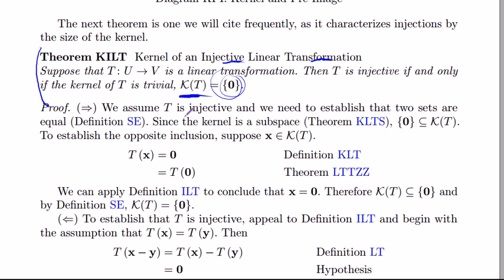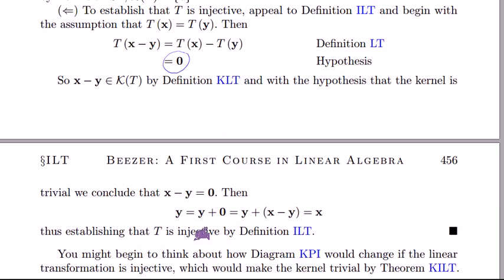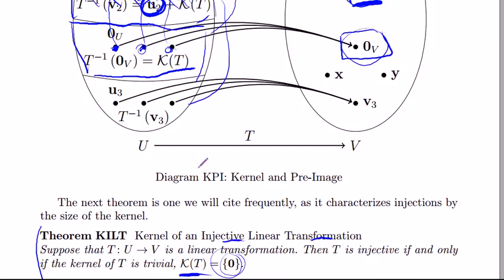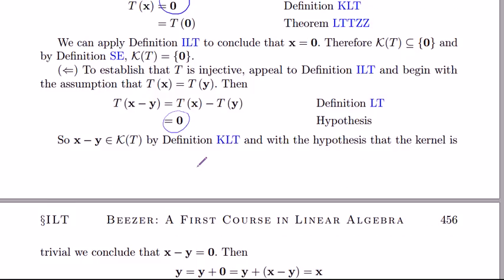You need to show if T is injective, then the kernel is simply 0, and if the kernel is simply 0, then T is injective. But from this picture, you can see that if the mapping is injective, you're only going to have one vector over here mapping to each one, so you're only going to have one vector mapping to 0.